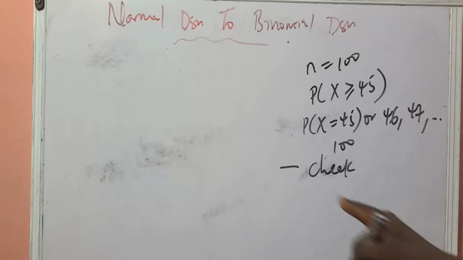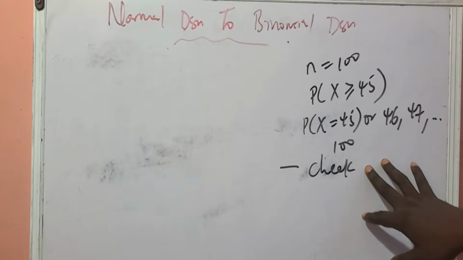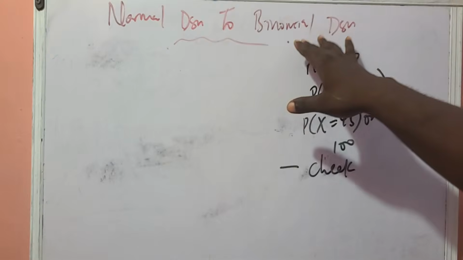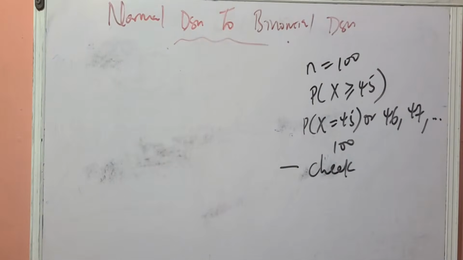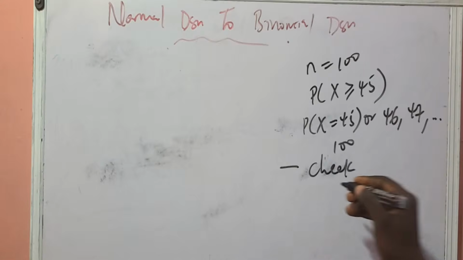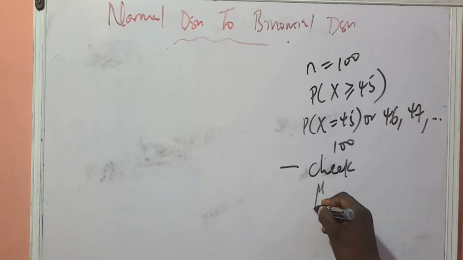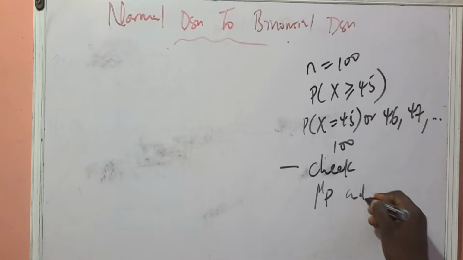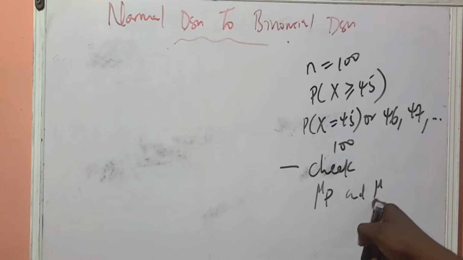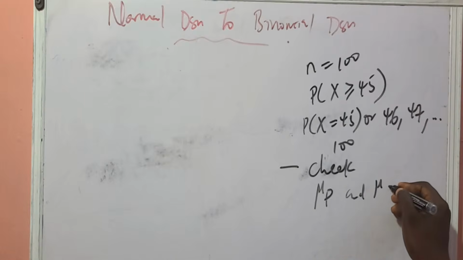All right. The first thing is for you to check. Now, how do you check? That's the question to ask. How do you check if the question you have at hand is viable for a normal distribution? Well, very simple. You go on to find the mean multiplied by the probability of success, and also the mean multiplied by the probability of failure, which I believe we all know.